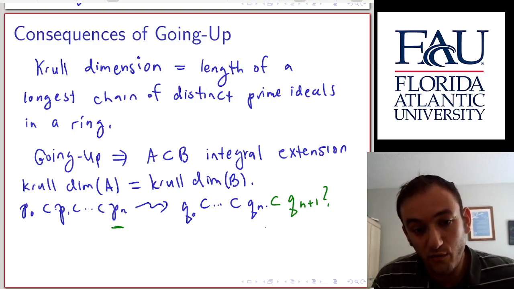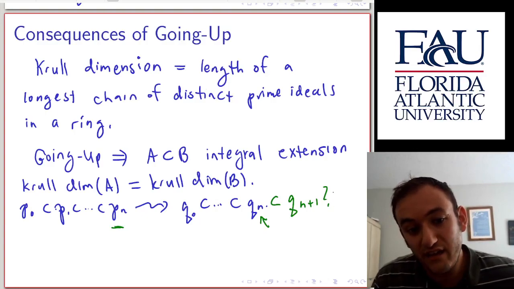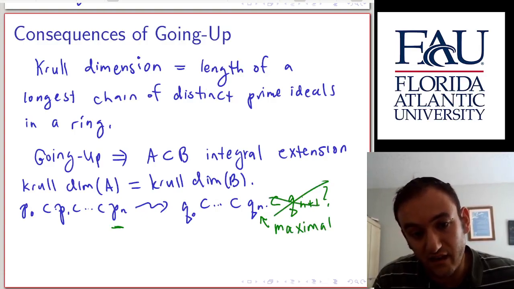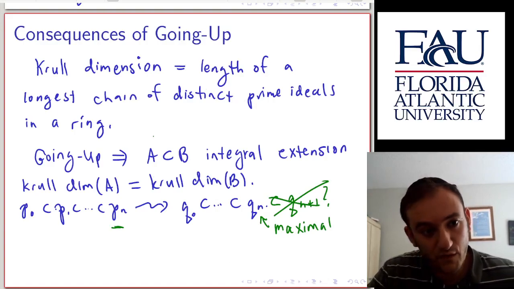So by the fact that Pn is maximal, since this is a maximal chain, Qn must be maximal. So that tells us that this is not going to be in that chain. Okay, cool.